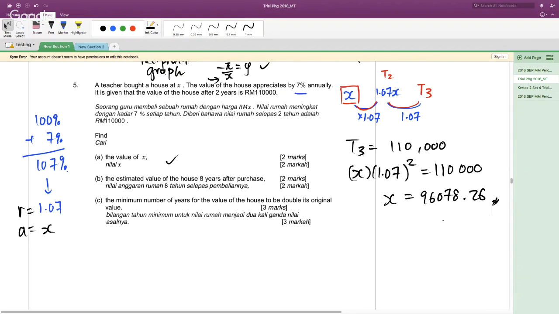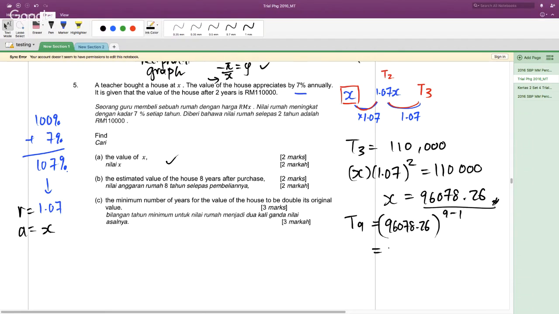Right, so then estimate the value of the house 8 years after the purchase. At 8 years after the purchase, this means T9, because after 2 years means T3, so you have to do N plus 1. So what I will do is A R^(N minus 1). A is 96078.26, and N minus 1 is 9 minus 1, which is 8.